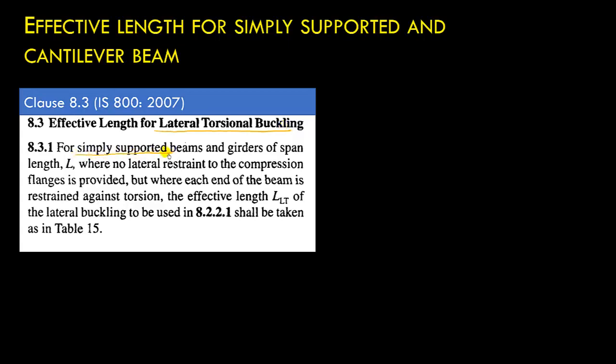So we have two clauses, one for simply supported and another for cantilever beam, and for these two the code provides two tables. So for simply supported beams and girders of a span length L, where no lateral restraint to the compression flanges is provided, but where each end of the beam is restrained against torsion, the effective length L sub LT of the lateral buckling to be used in clause 8.2.2.1 shall be taken as in table 15.